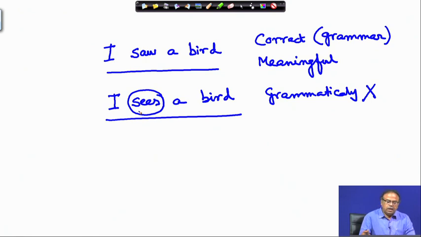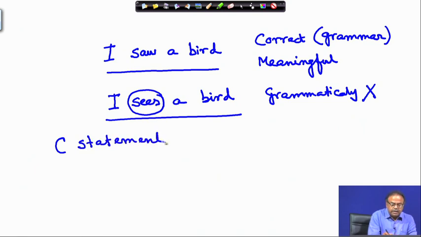On the other hand, for a compiler, if I write a C sentence, let me call it not sentence, let me call it C statement.